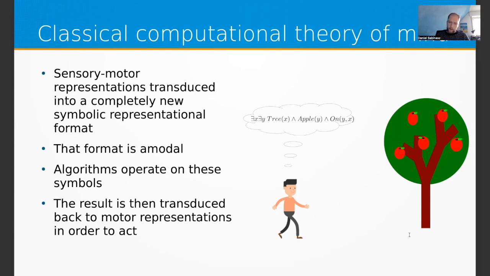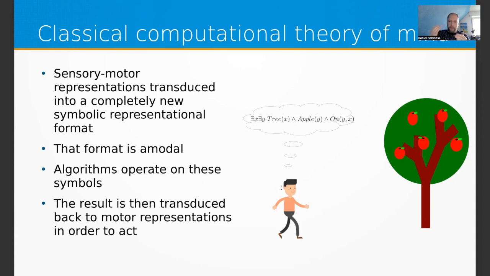So when a human being, for example, perceives a certain scene, let's say a tree with apples hanging down from it, and he or she wants to solve some reasoning problem about that situation, whatever that might be, then the idea is that the perceptual representations, which somehow encode the scene in terms of the colors of objects and the identity of objects and certain textural features or whatever, and where they are located, are transduced into a representational format which represents the various entities in the scene in the form of symbols.